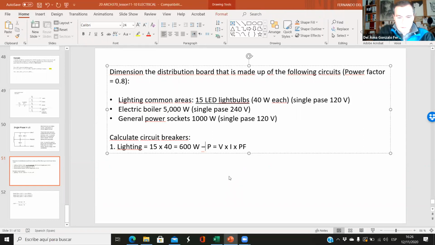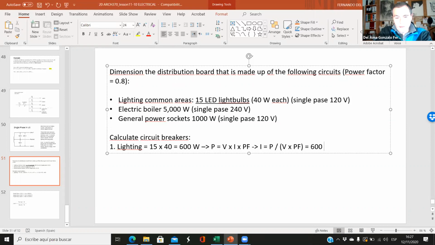So what do we have to calculate now? We have to calculate the intensity, because for the circuit breakers the units are amperes. So the intensity is the power divided by the tension times the power factor. The power is 600 watts.